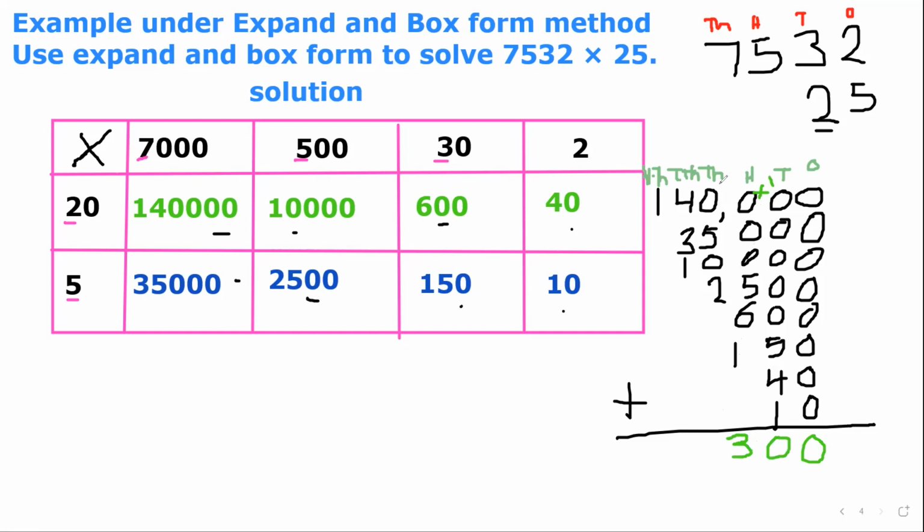Remember 1, you add it to the next row here. So the 1 plus this 5 will give you 6, and the 6 plus this one, the 2, that will be 8.